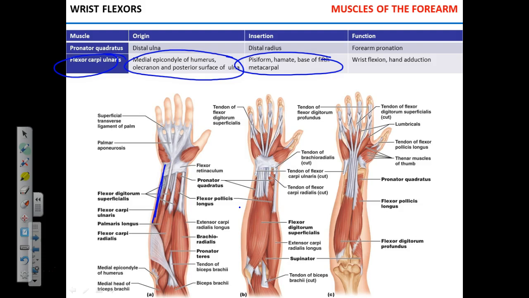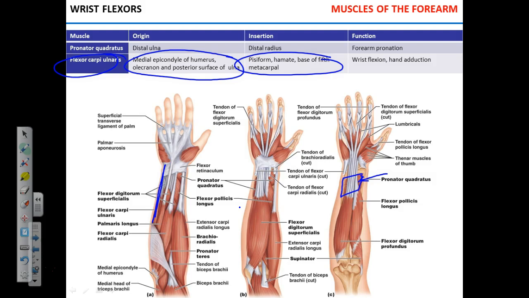Does that make sense? Now, before we move on to pronator quadratus, which I'm not sure we can see here, let's not experiment on that model. I'll show it to you on the picture. So you see a very deep muscle, pronator quadratus, to the right. Here.